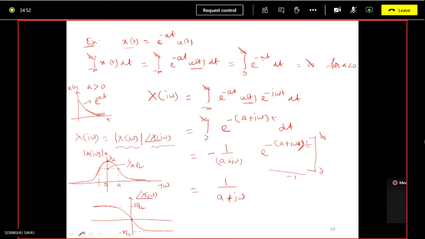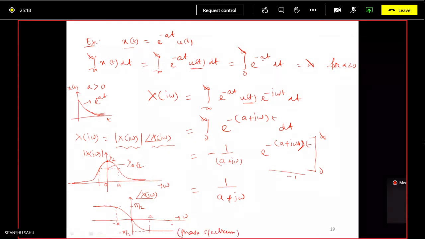The value of pi by 2 starts to saturate at the value of minus a, and this side also at a value a. So this is omega. This is called your phase spectrum, and this one is called your magnitude spectrum.